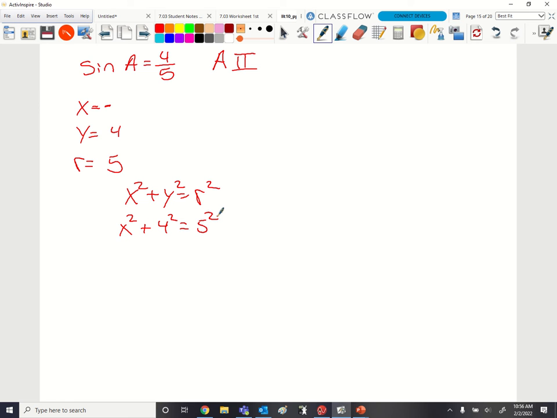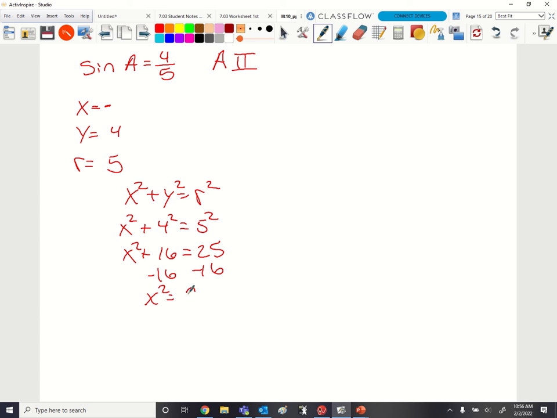And we're going to need to do a little bit of math. So 4 squared is going to give me 16, bring this down, x squared plus 16 equals 25. Now, to get my x squared by itself, what am I going to do? Yeah, subtract the 16 from both sides. So x squared is going to give me 9.